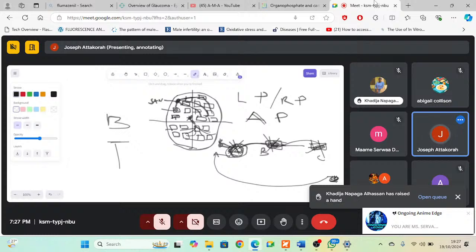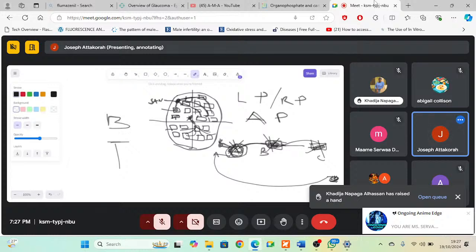When we say depolarization, it means contraction. When you say repolarization, it means relaxation.